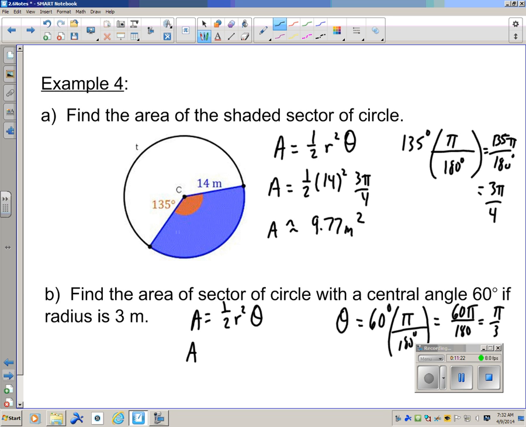So really, I'm just going to plug in pi over 3 for theta. And this is 1/2 times 3 squared times pi over 3. So when you multiply this, this becomes 9 times pi, and then the denominator becomes 6. And then you can just go ahead and divide that out, and you get about 4.71 square meters.